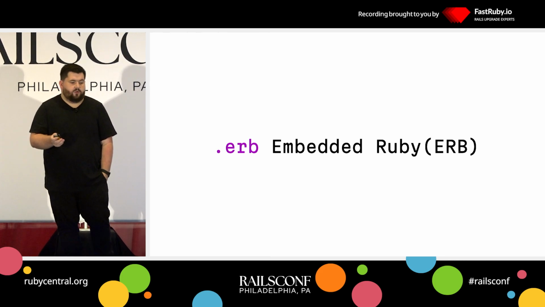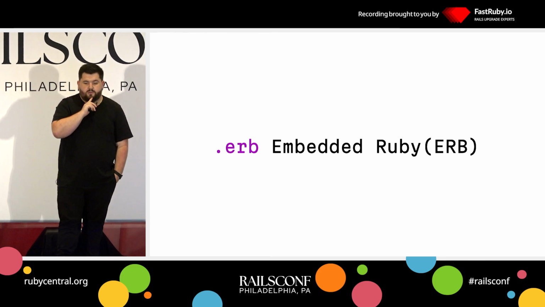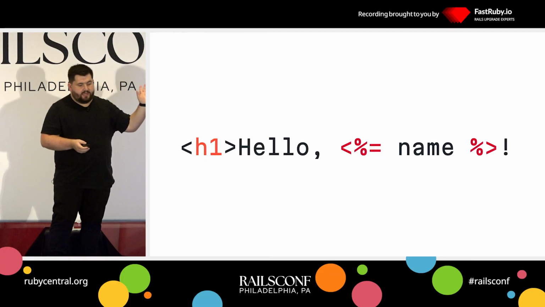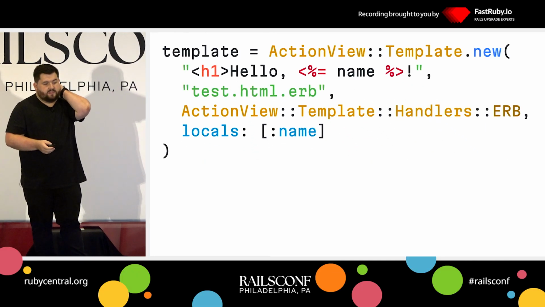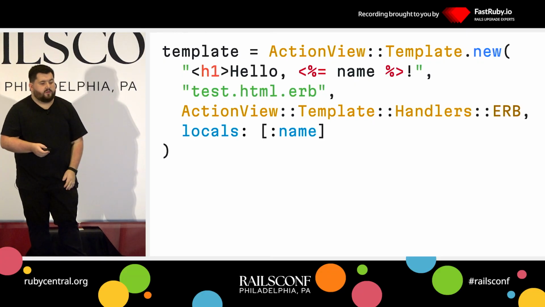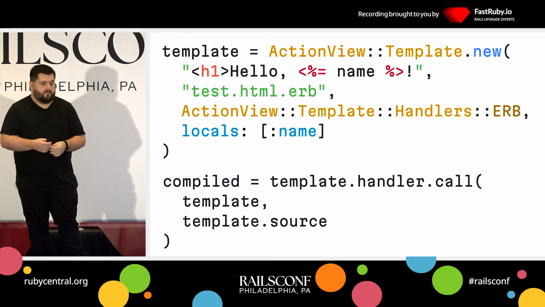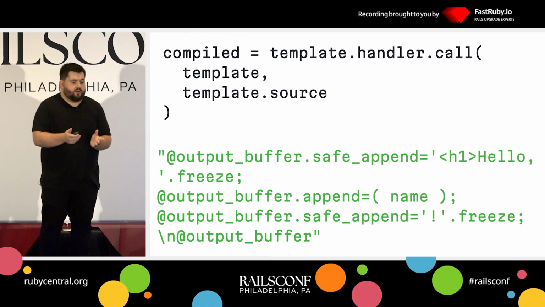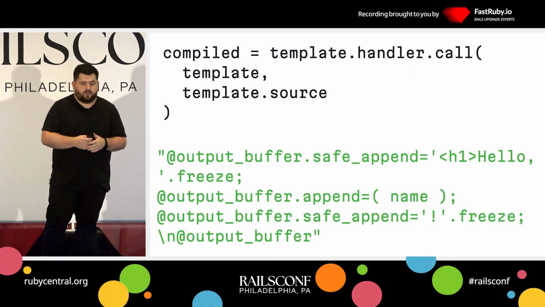So when you take a regular ERB file today and render it through the ERB engine using ActionView, we have this missing closing tag here. But if you just pass this to ActionView, to the template, and use the ERB handler, we compile this, it will just do the thing. It will just add the strings together, and it will just render this out.